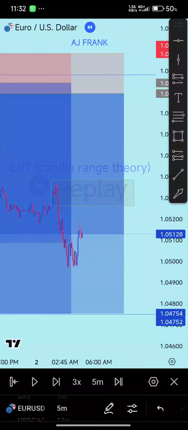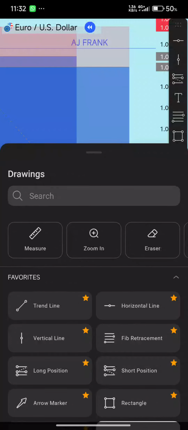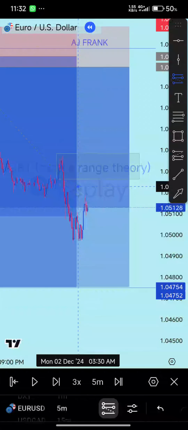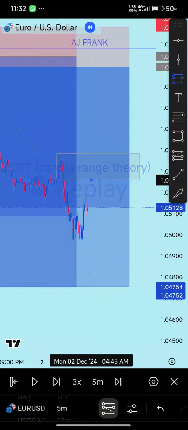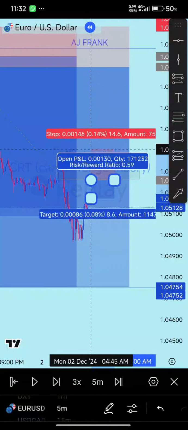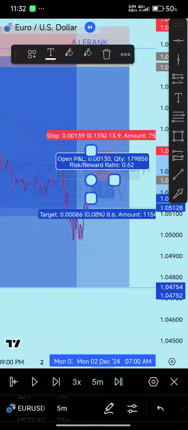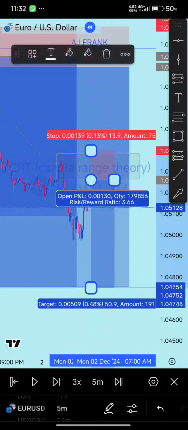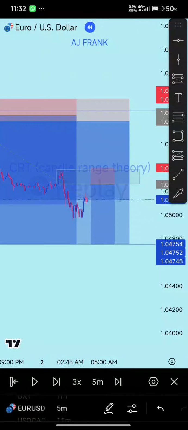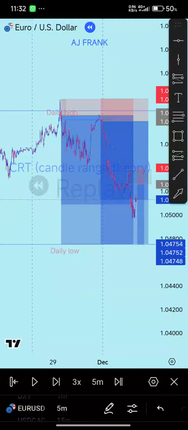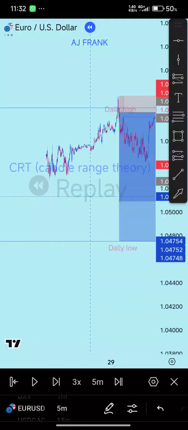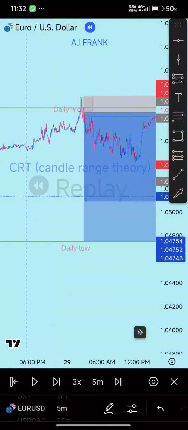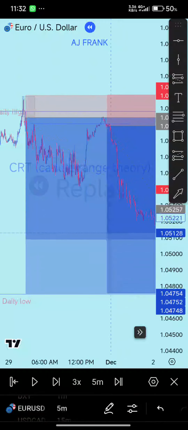Looking to take another sell right here. And my TP will just be above here, 13 pips, and the TP is still that daily low. Remember our target, this daily low, that's our target. Once we reach here, we are done with this general overview, then we look for another view.